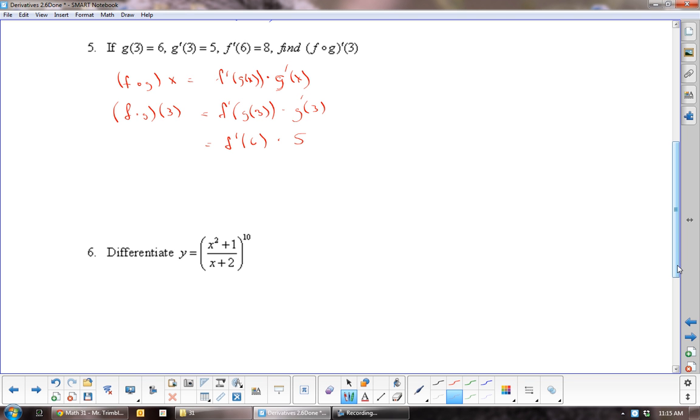And this would equal 8 times 5, because the derivative of f at 6 is 8, and this would equal 40.